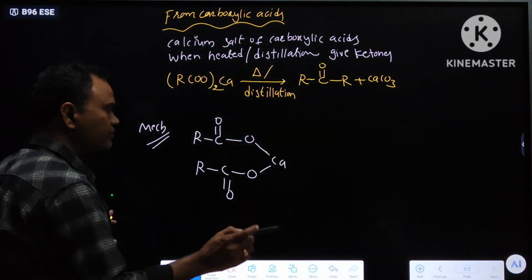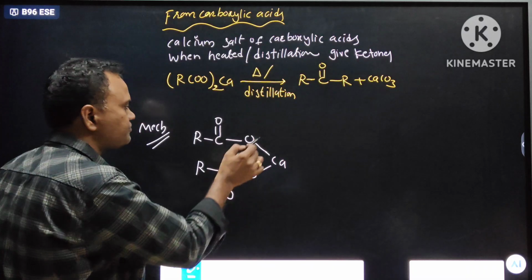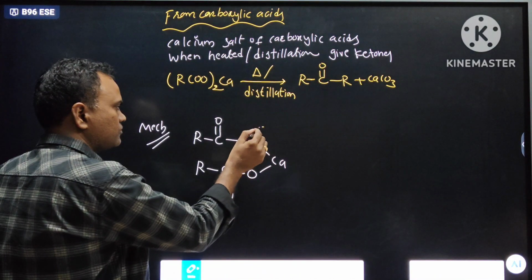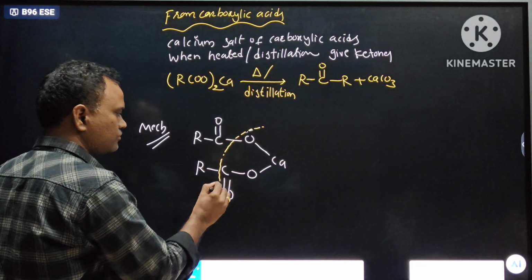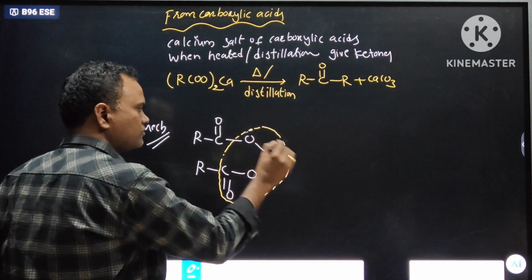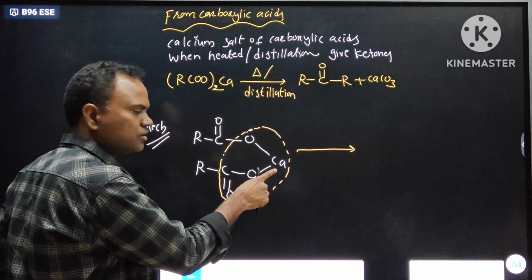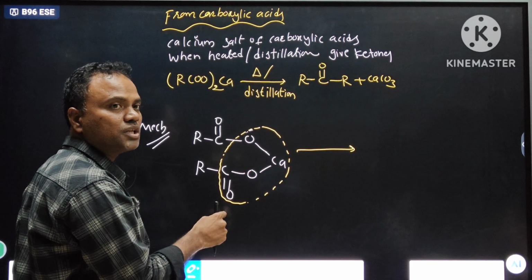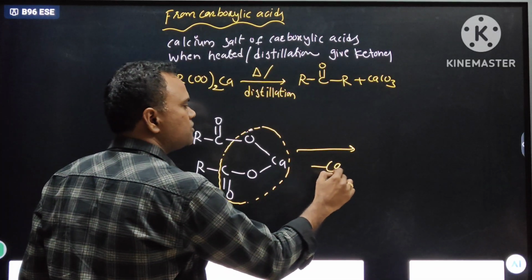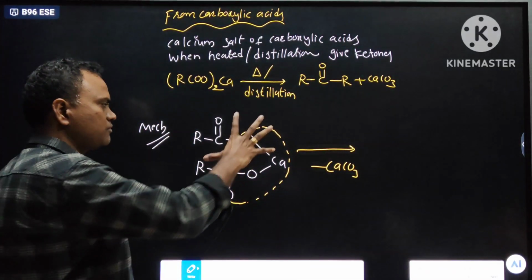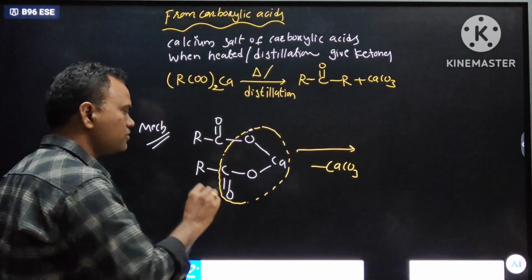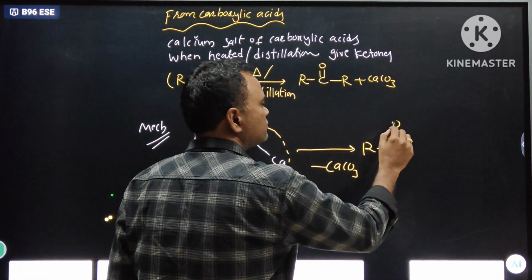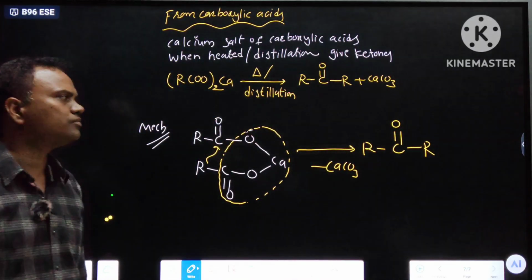See, look at this. Ca, C. How many oxygens are there? 3. Minus CaCO3. Remove this. What is the remaining part? Okay, note down. Shortcut mechanism.